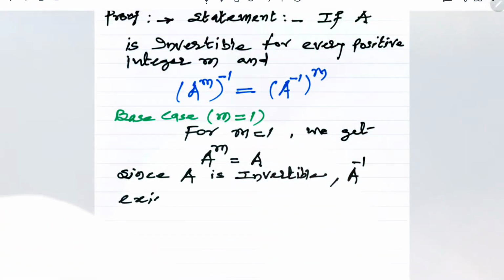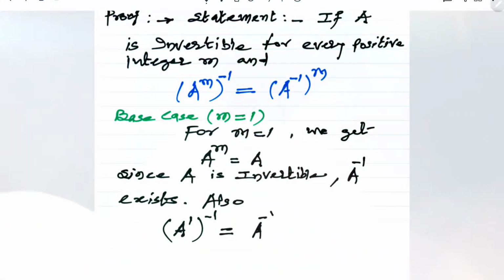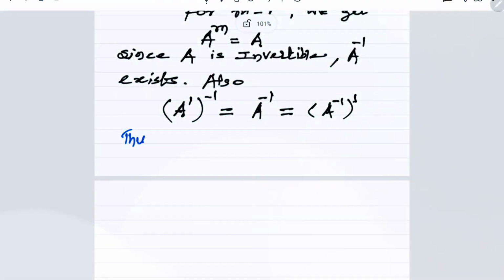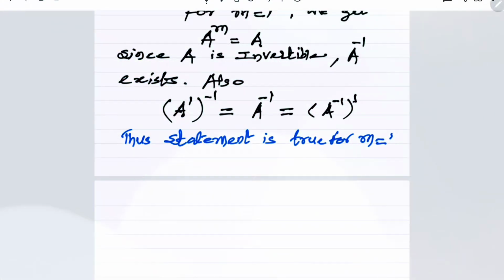A inverse exists, and we also have A raised to minus 1, or A inverse, nothing but A inverse raised to 1. Thus, the statement is true for m equals 1.